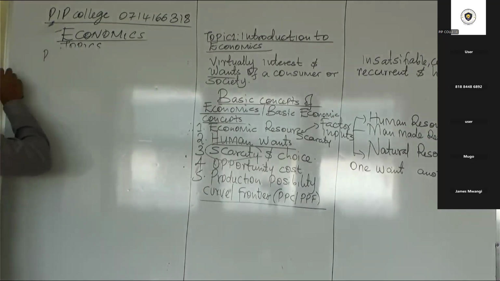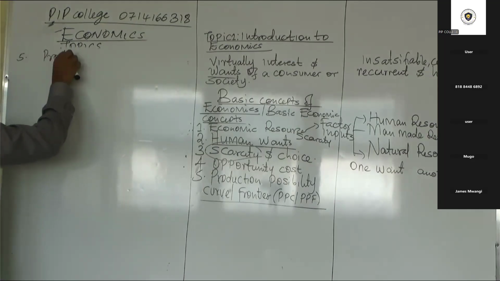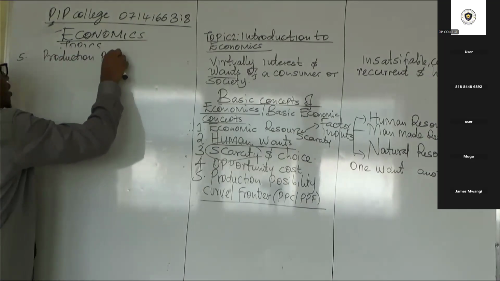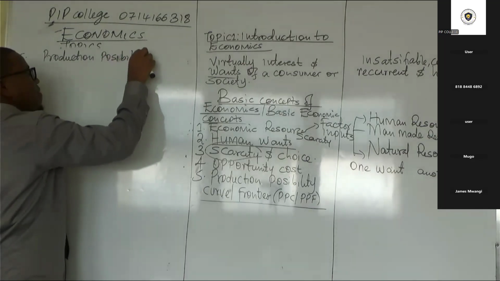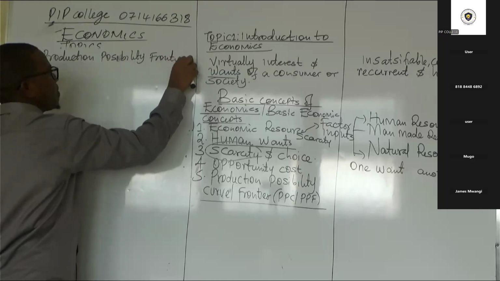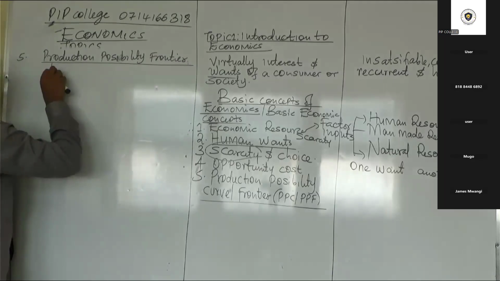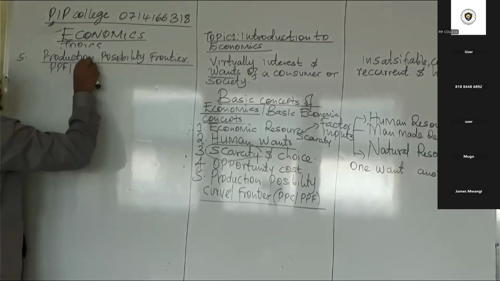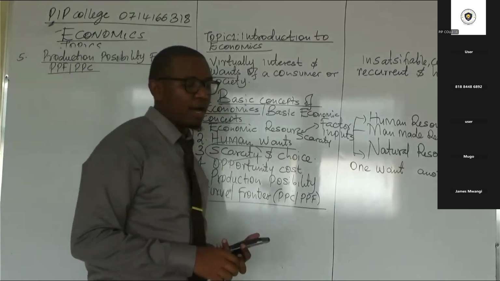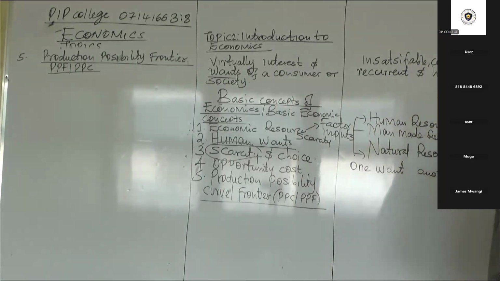Now, we can also go to concept number 5, what we call the production possibility curve.